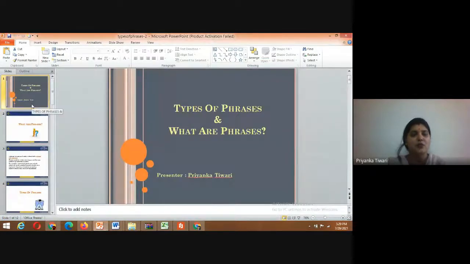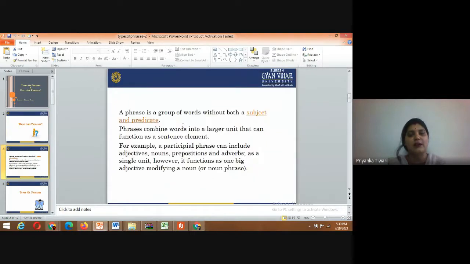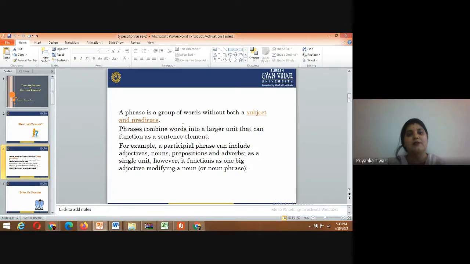So, types of phrases and what are phrases? We can take this slide. Before starting this slide, we have to understand what phrases are. A phrase is a group of words without both a subject and a predicate.